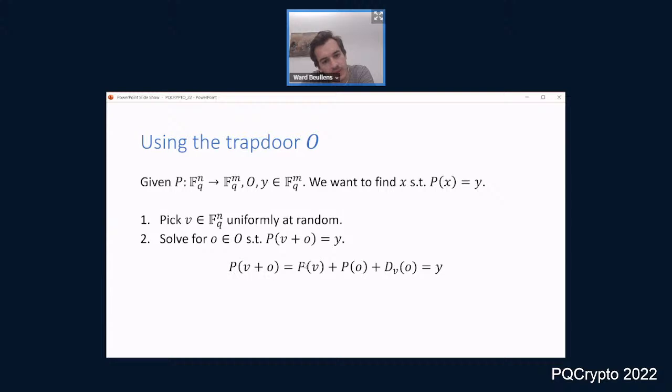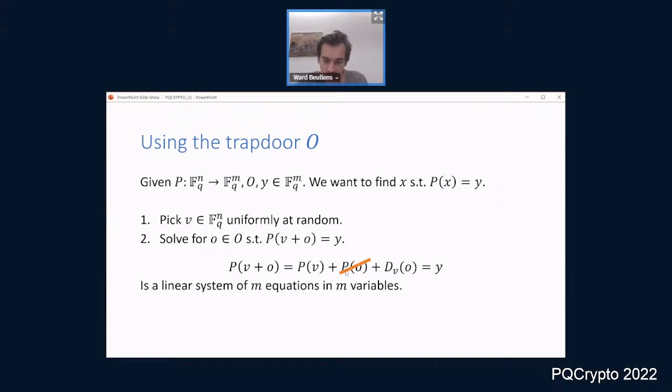And this turns out to be easy, because using our definition of the differential, we can write P(v+o) as P(v) plus P(o) plus the differential at v of o. But we chose O to be a space on which P vanishes, right?